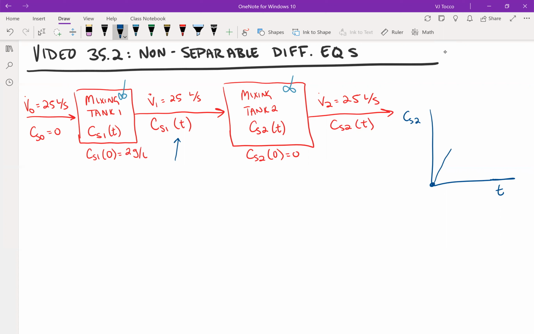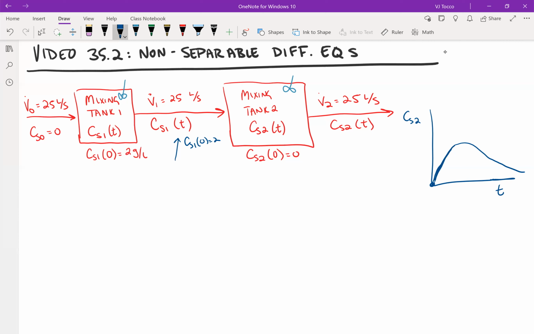So CS1 of 0 is equal to 2. So I'm going to be increasing my salt concentration. But after a while, CS1 is going to be decreasing as a function of time. My concentration of salt is going to decrease after that. So there's going to be some maximum value. And I'm interested in, again, what this whole profile looks like.